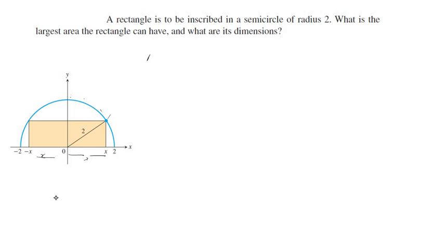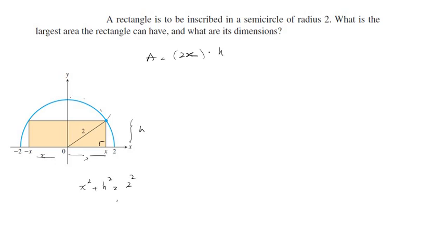If this is h, area would be equal to 2x times h. I don't like to use a cross here, so let's use a dot, 2x times h. Since this is a rectangle, from Pythagoras' theorem we know x squared plus h squared is equal to 2 squared.